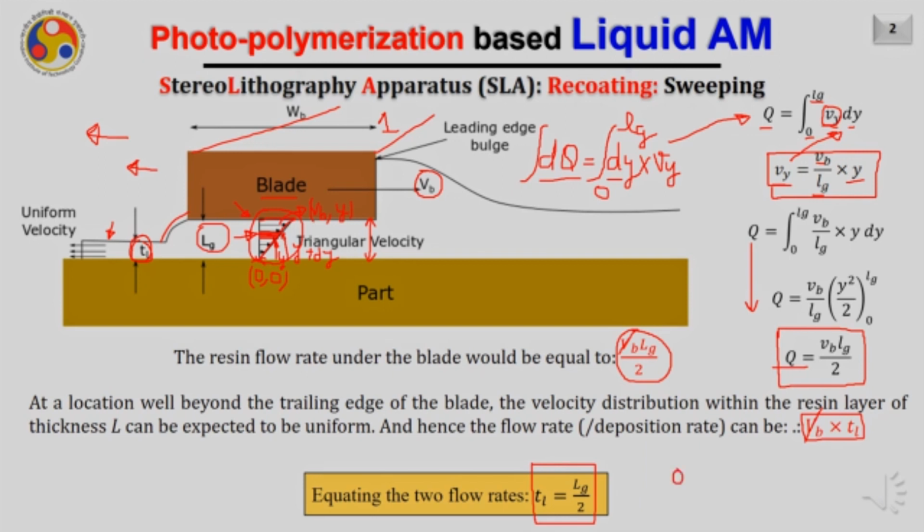So simply, if you want to deposit a layer of 0.01 mm, assume, then in that case your gap between the blade and the top surface of the part should be 0.02 mm.